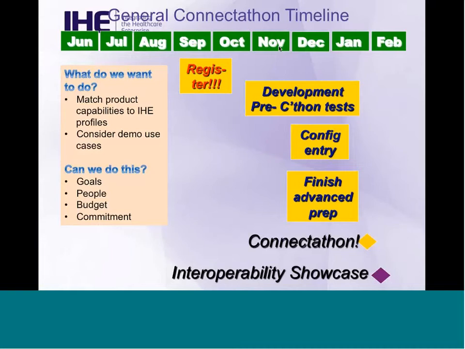We gather configuration entries so you don't spend time during the Connectathon actually entering port numbers and IP addresses. We roll out test data in advance, and after registration, technical managers like me will help you prepare so that you can use that Connectathon week to the best of your ability, working towards success.